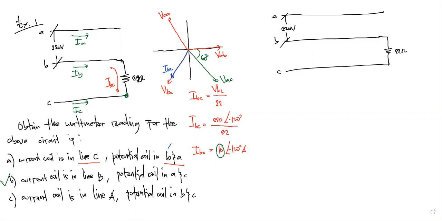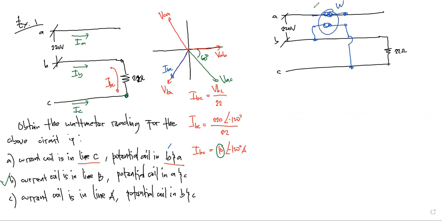Now as indicated, you have there the wattmeter, with the current coil in line A, and the potential coil is in B and C. So B, and then you have there C, and this would be the wattmeter.